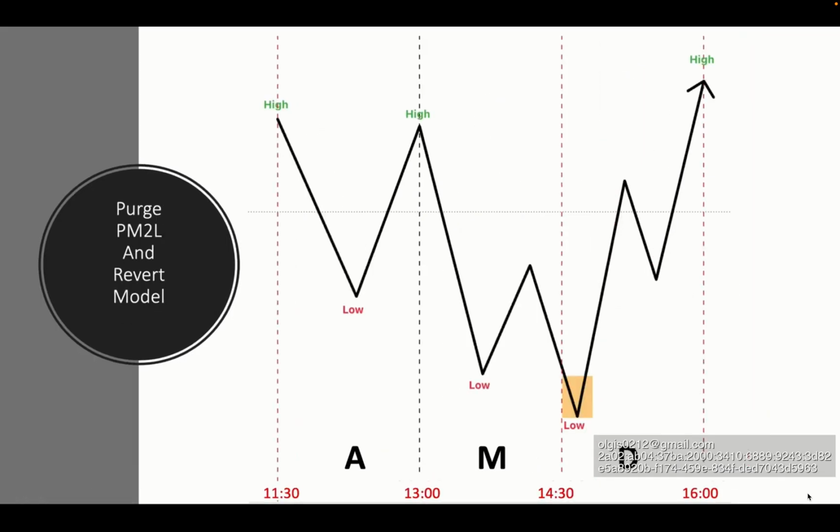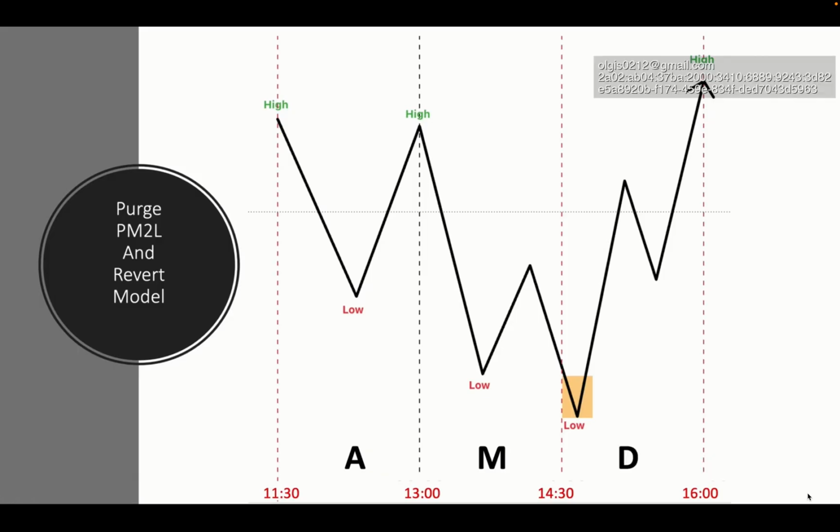For the long scenario during the PM session, we're going to take a look at a purge of the second PM cycle's low and revert model. This occurs when from the PM opening at 11:30 or during the launch opening, the market is slowly trading lower. Then during the second 90-minute cycle's open, which occurs at 1 PM, the market sells off rapidly.